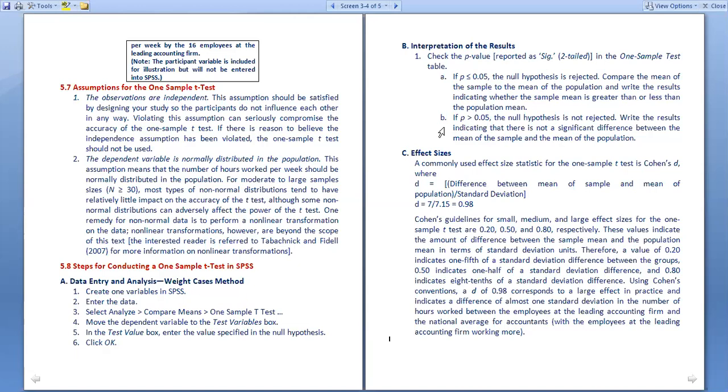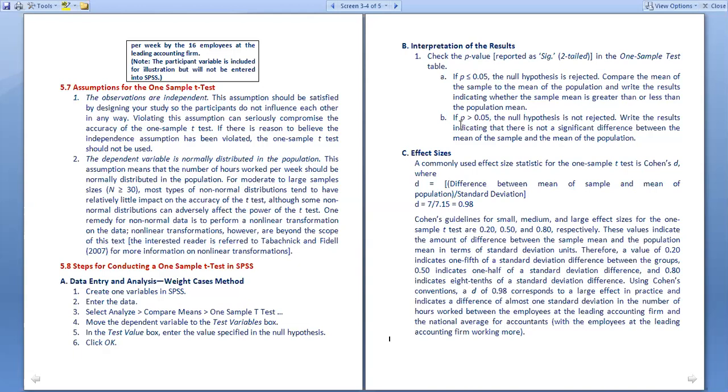But if the value of significance is greater than 0.05, meaning 0.51, 0.58, 0.62, or 0.83, whatever it is, we will not be accepting the alternate hypothesis; rather we'll go with the null hypothesis.